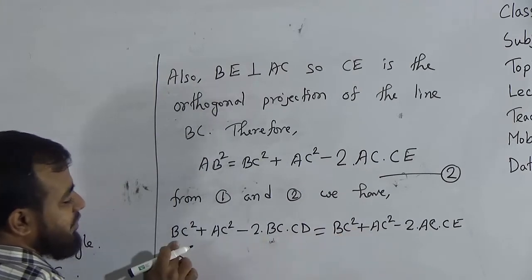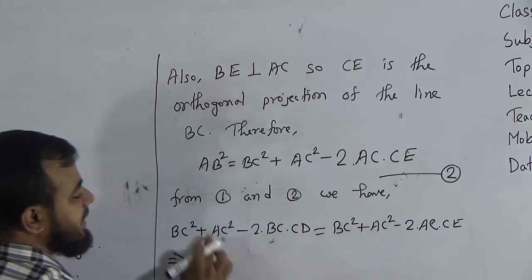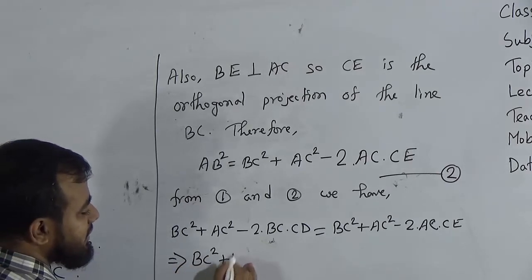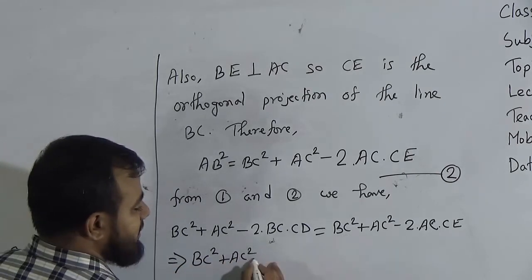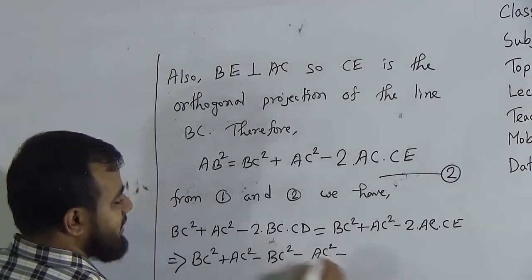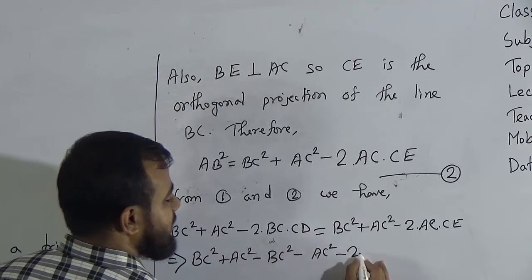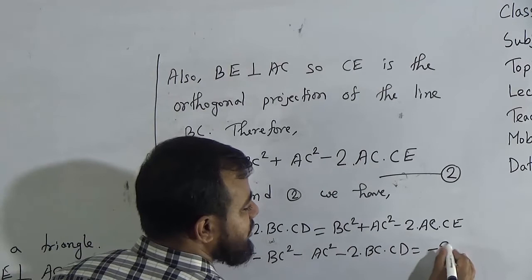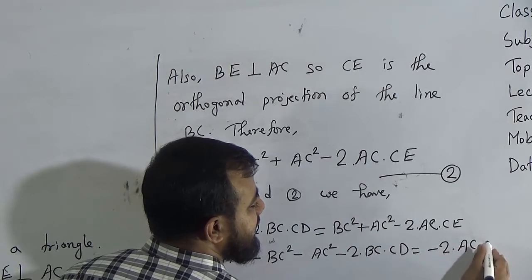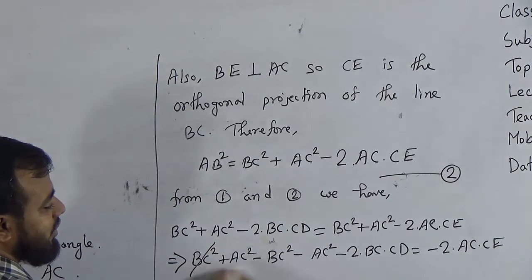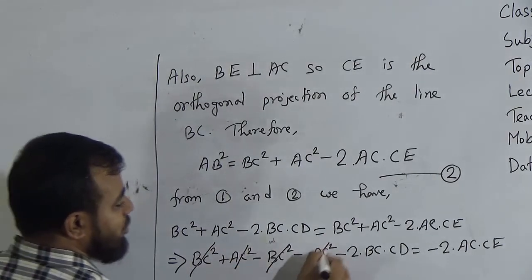Okay, now we can transfer this BC square and AC square to the left side, because then BC square and BC square will vanish, and AC square and AC square will vanish. Now transfer that BC square plus AC square minus BC square minus AC square, and this one is remaining in the left side: minus 2 into BC into CD, that's equal to minus 2 into AC into CE. Implies that BC square and AC square are omitted.